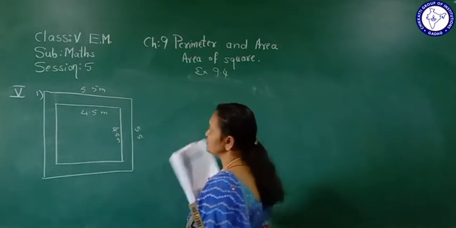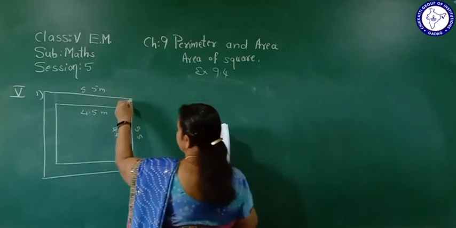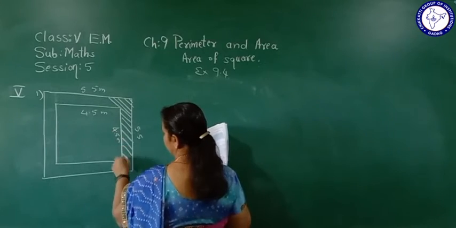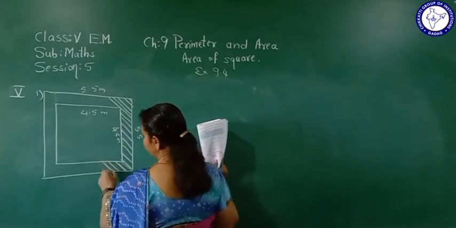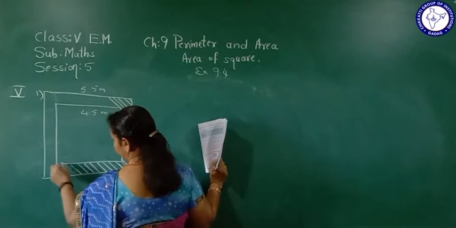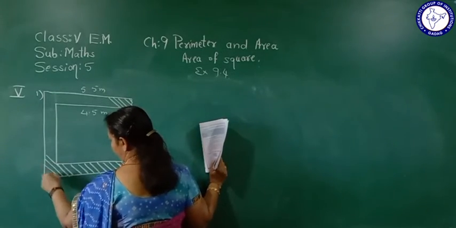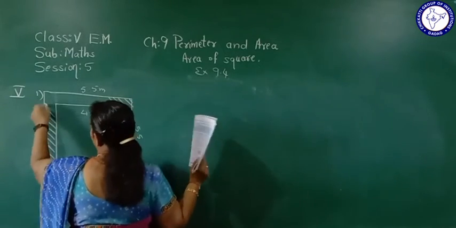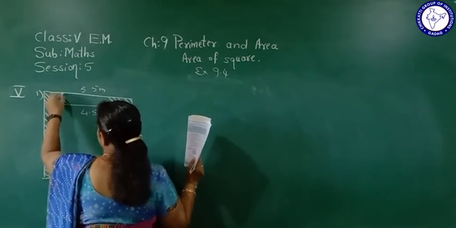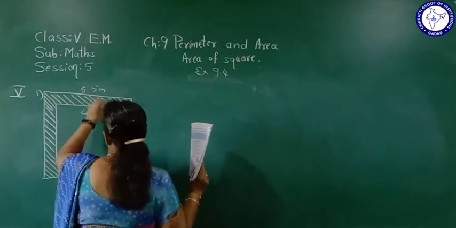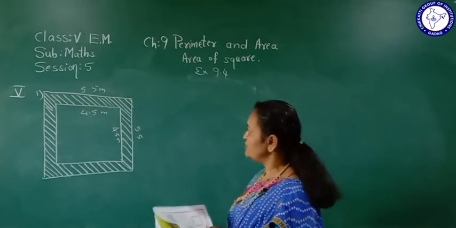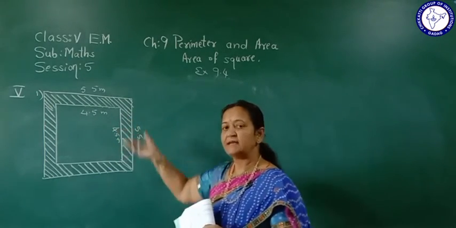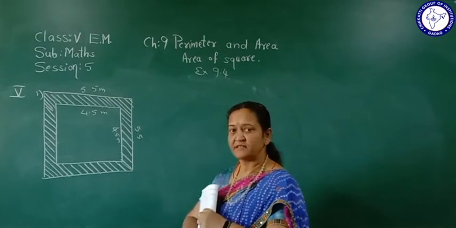And between these 2 squares, this area, we should find. This is the area of shaded region. So what we should do? We should find area of bigger square, area of smaller square and subtract. Then we'll get area of shaded region.